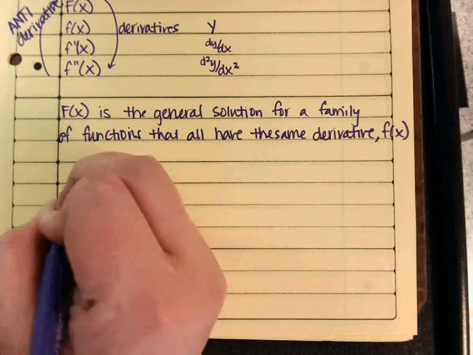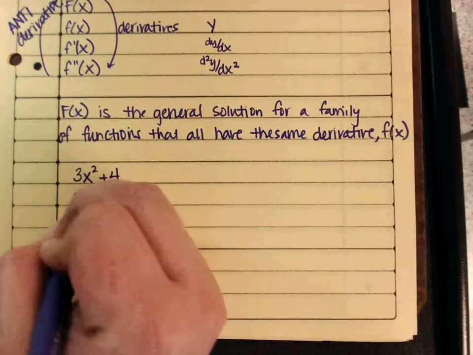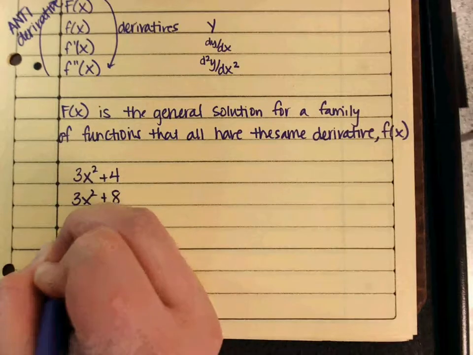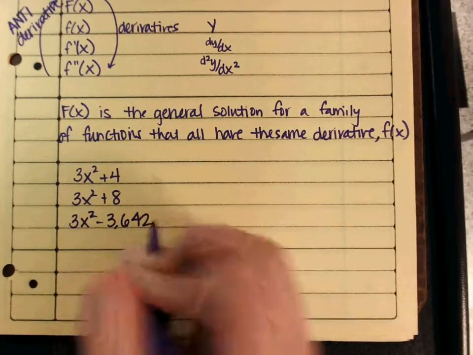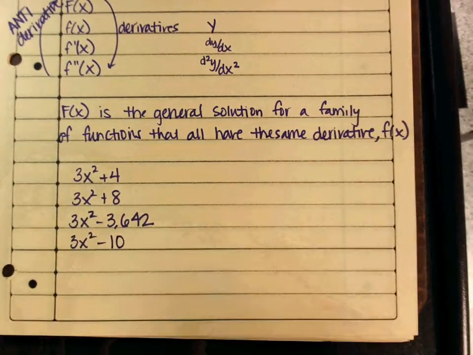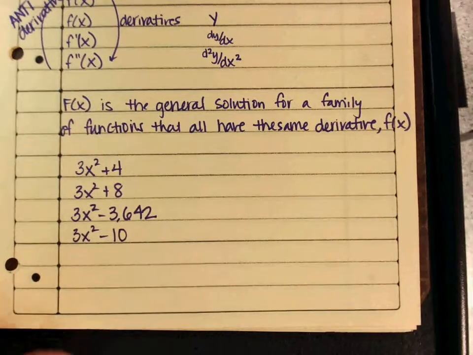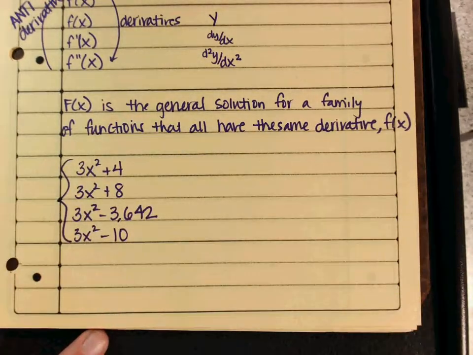Think about 3x squared plus 4, 3x squared plus 8, 3x squared minus 3,642, and 3x squared minus 10, whatever. Okay, what do all of those functions have as their derivative? 6x. Now, how did all their derivatives come out the same?